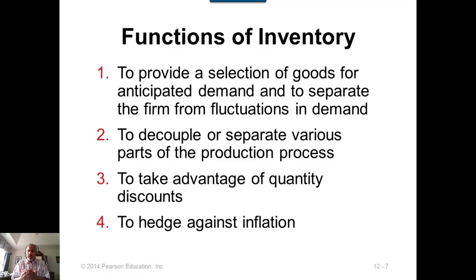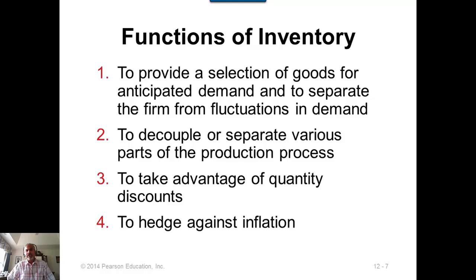For example, if one of those upstream machines breaks down and the supplies don't come in, then this machine has to stop functioning. So one role of inventory is to decouple the machines so that there is enough inventory in between. Even if there is a disruption in one of those machines, the supply of parts to a given work center is not disrupted. So decoupling various parts of the production process is another function of inventory.